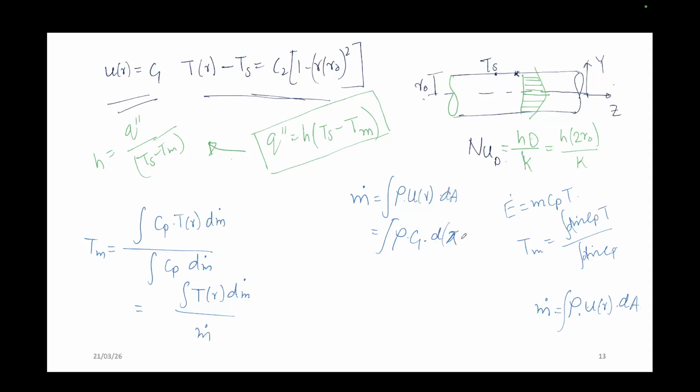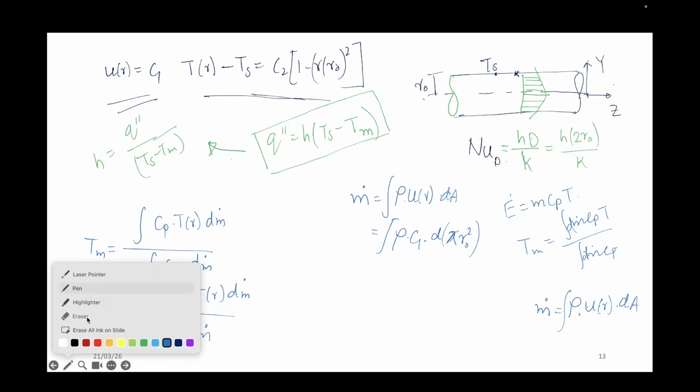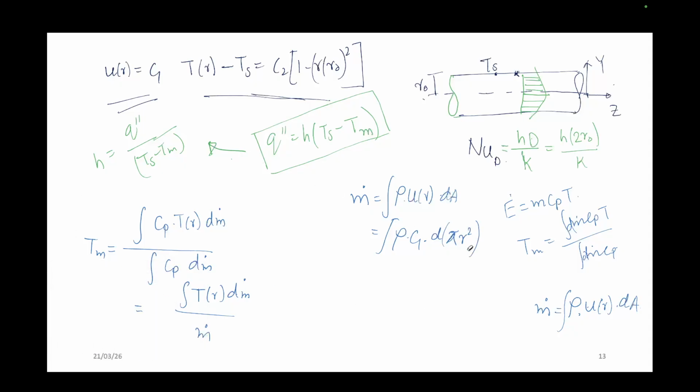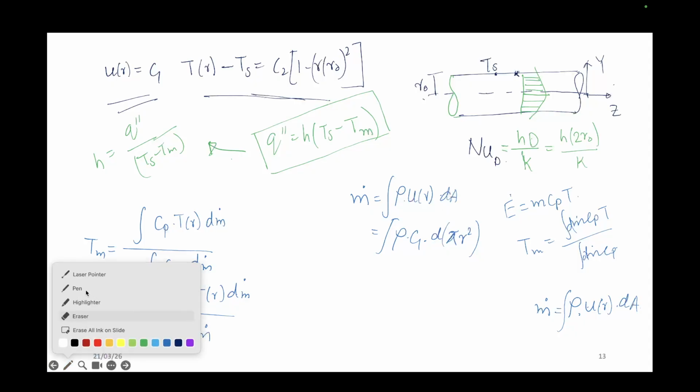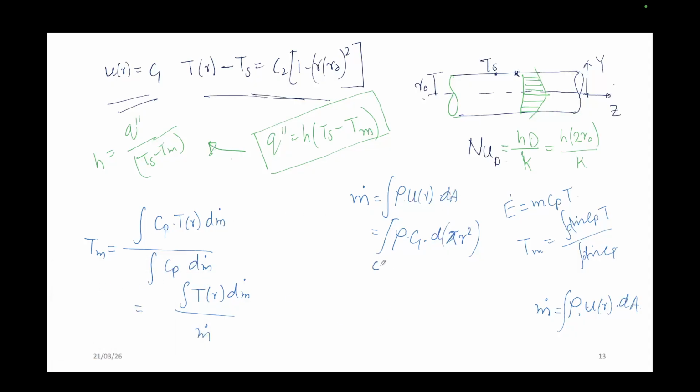Pi r naught square, pi r square, sorry. Not r naught, because it is area. I don't know which area, so I am taking it is r, and the integration is from 0 to r naught. So this rho c1 will come out, and derivative of this one is 2 pi r dr.